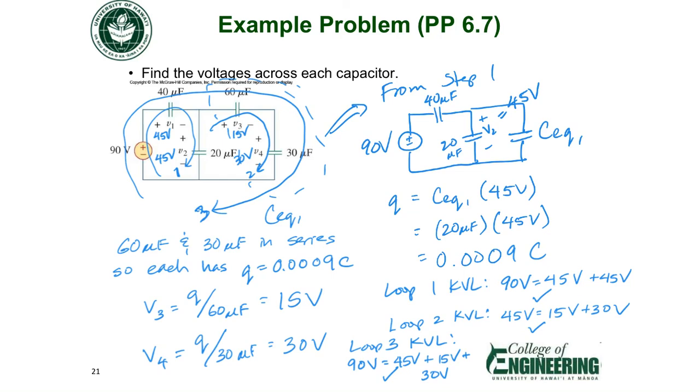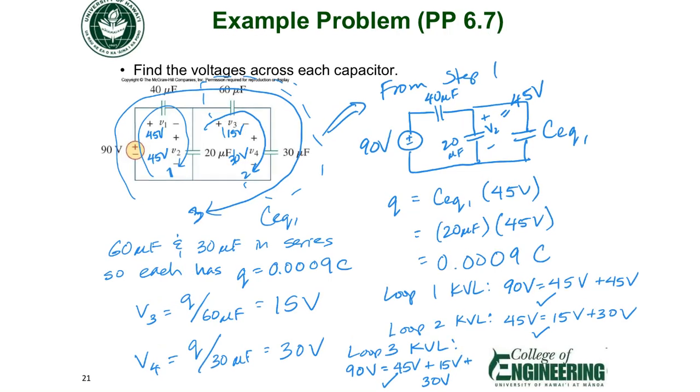How about KCL? How come we didn't check this with KCL? We could do KCL at this node here. What's KCL? Let's call this I1, I2. Sorry, this is getting pretty messy. Maybe I can use a different color.